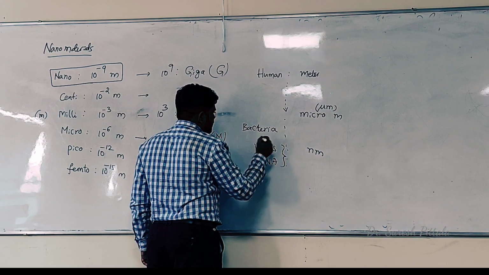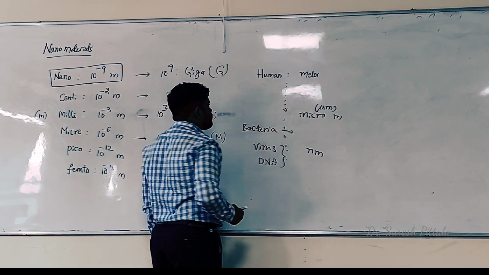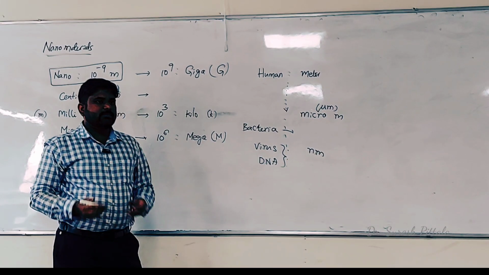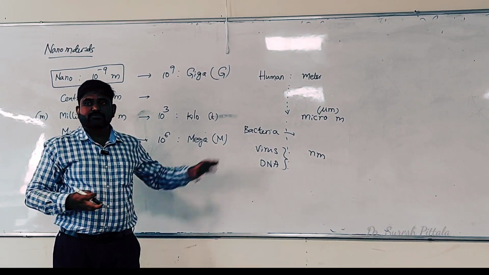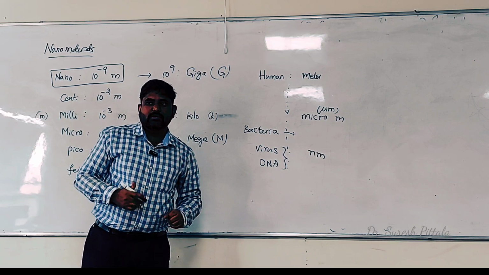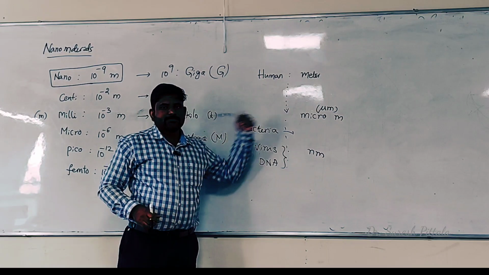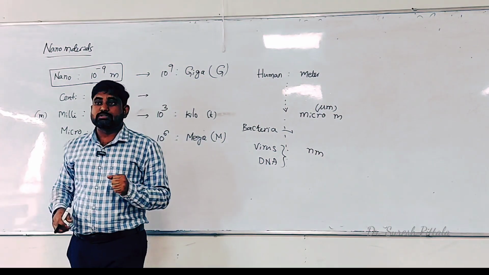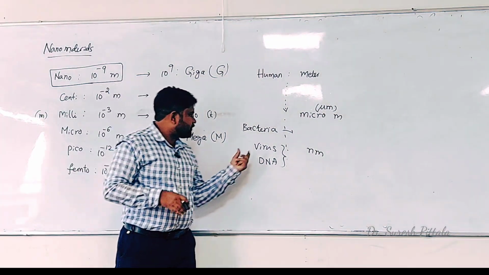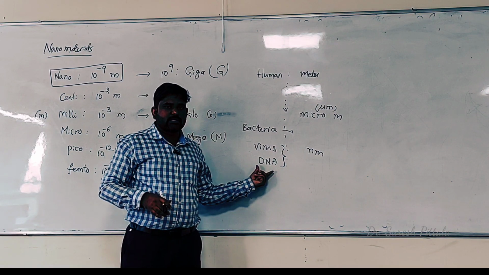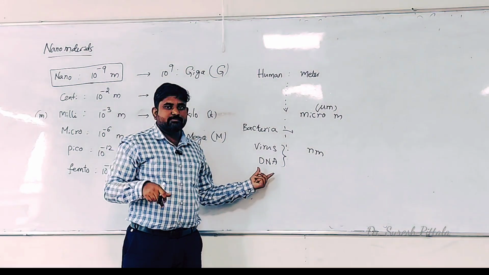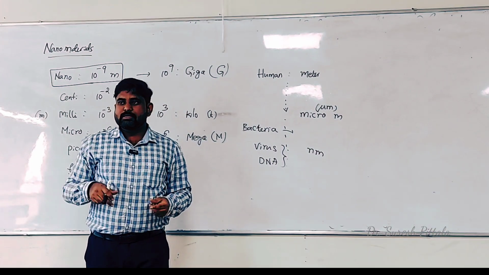These are all nanometer size. Some are slightly bigger than the nanometer, and some others will come in between, just for us to feel where we are. But now we are not talking about these things. Our aim is to study. Even if you want to study a bacteria or a virus or a DNA, you are going to the nanometer region. You are studying in the nanometer range.